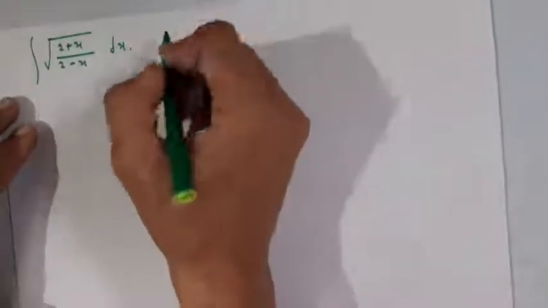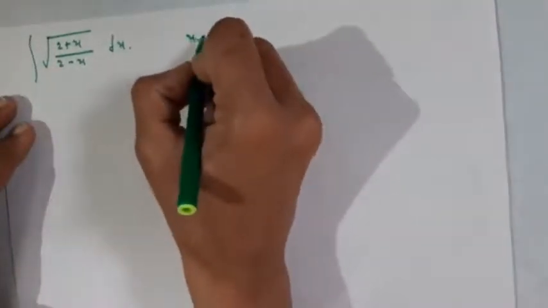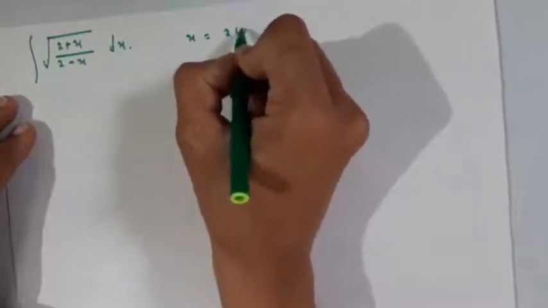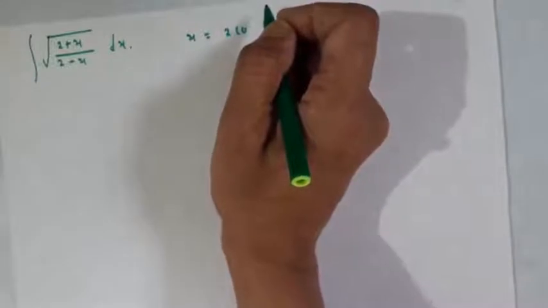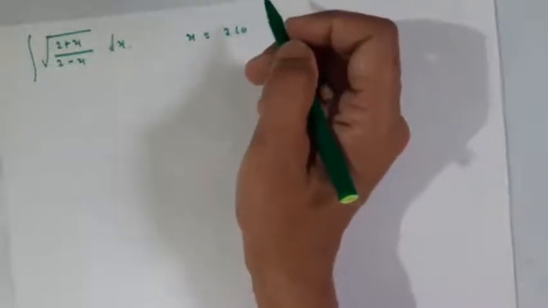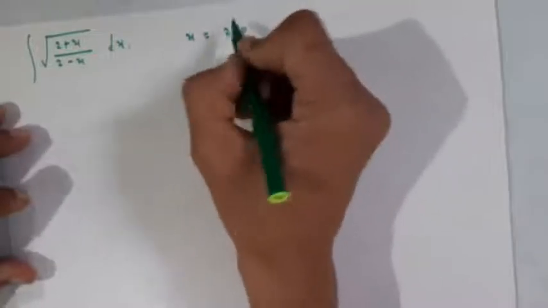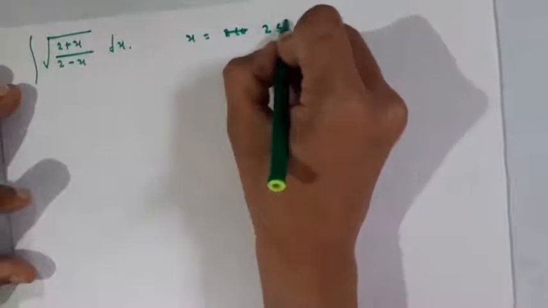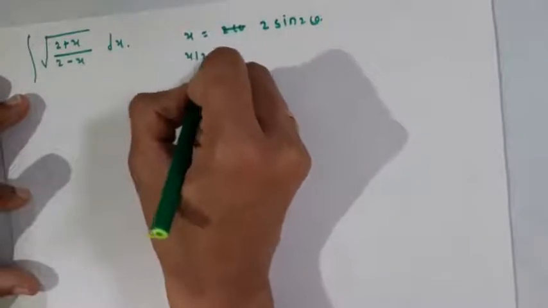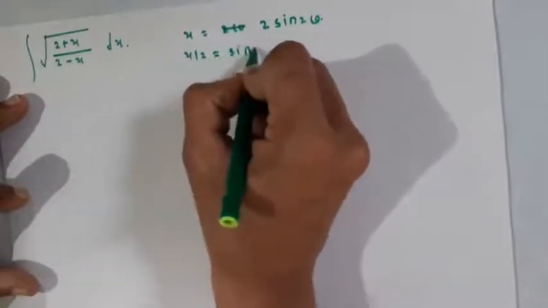Okay students, so let us substitute here, that is put x equal to 2 sine of 2 theta or 2 cos of 2 theta. In the last problem we substituted x equal to 2 cos of 2 theta. In this problem we change the substitution, that is 2 sine of 2 theta. This implies x by 2 equal to sine of 2 theta.